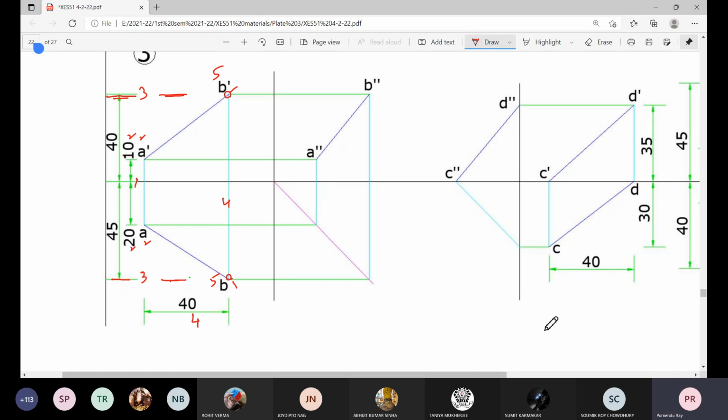So first part is over. Second part, to draw the view from left. So view from left means the axis will be on the right hand side of this plan and elevation. So step 1 is this. Then step 2 is from this point draw a 45-degree line.